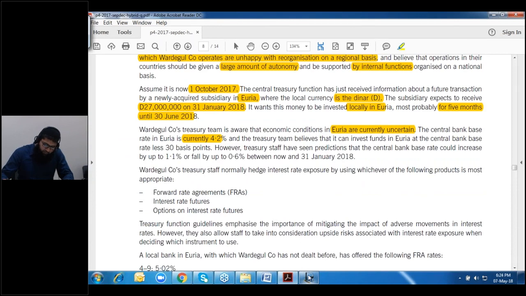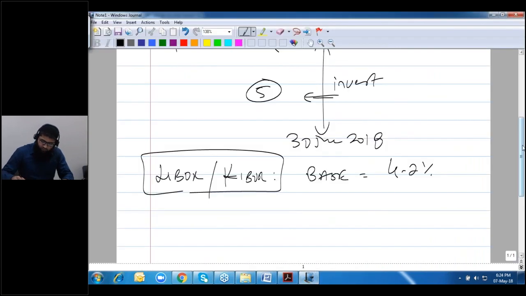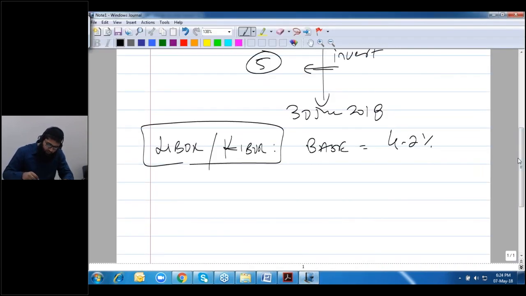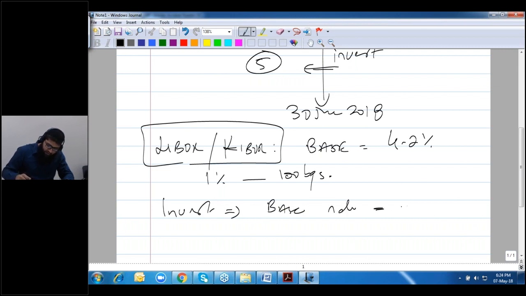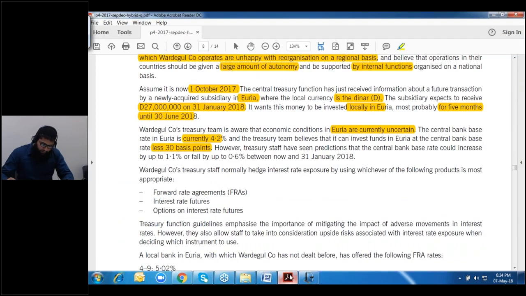The treasury team believes that it can invest funds in Urea at the central bank base rate less 30 basis points. We know that 1% is equivalent to 100 basis points, so you could invest at base rate less 30 basis points, which means less 0.3%. Now what next?